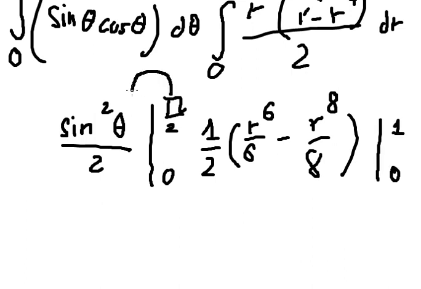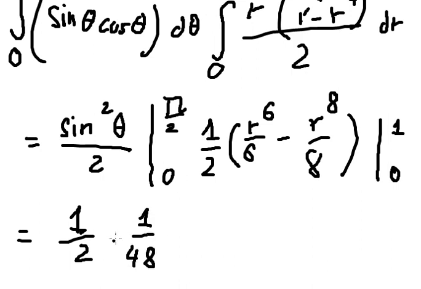So we put pi over 2 here, 0 here, 1 here, and 0 here. So we calculate this one, and we have 1 over 2. This one we have 1 over 48. So in this one, we have 1 over 96.